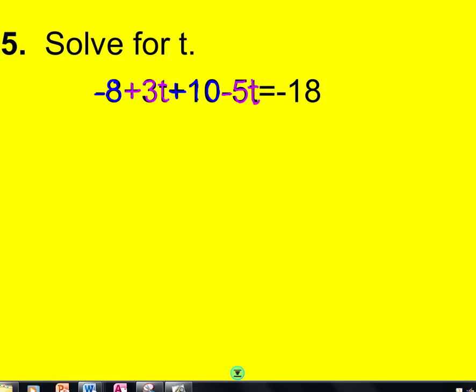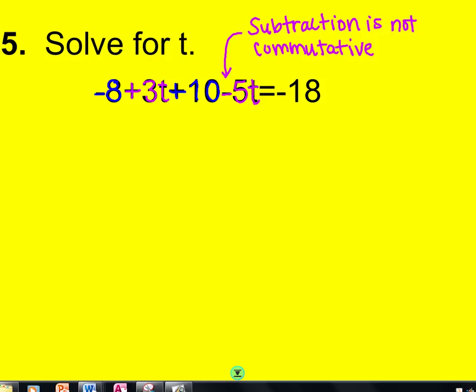So I need to collect my like terms, but before I do, I need to point out a concern of mine. Subtraction is not commutative. So that means that order cannot be changed when you are subtracting. That means that order matters when you're subtracting, and if you change the order of a subtraction problem, your answer will be incorrect.